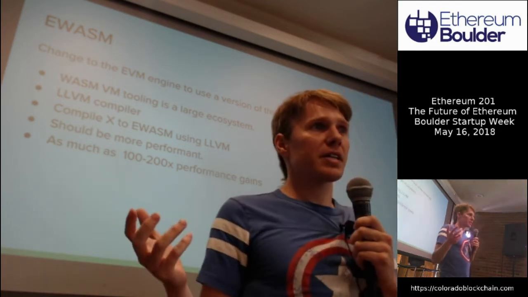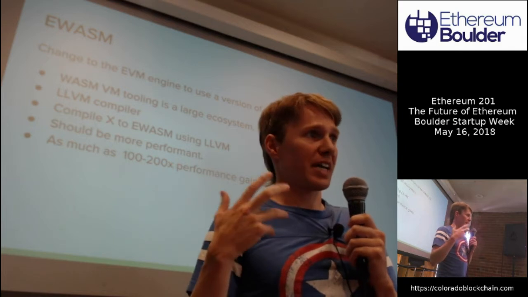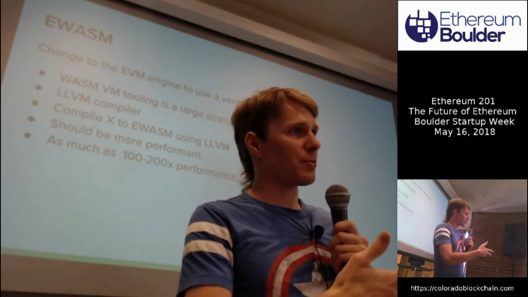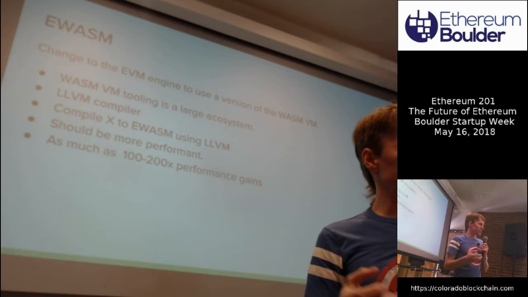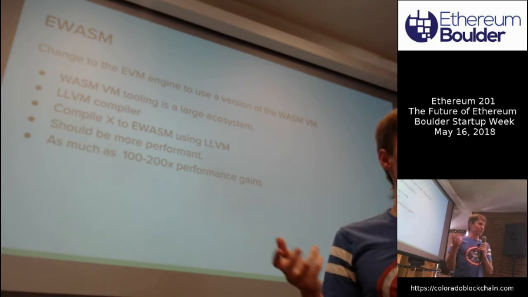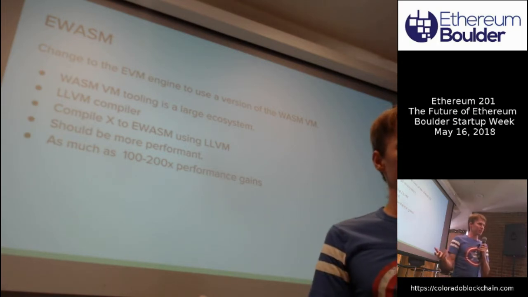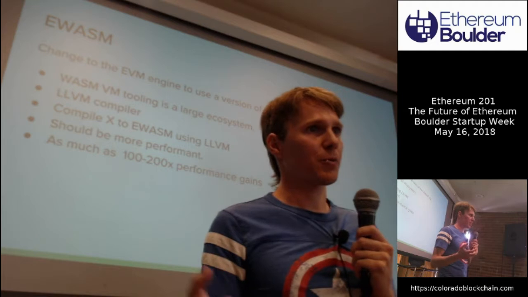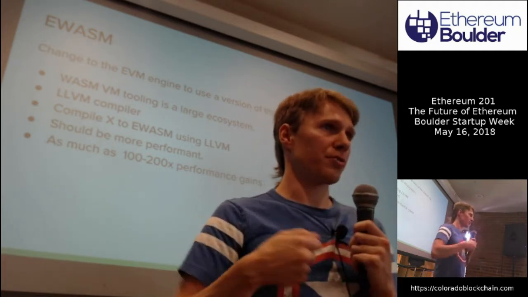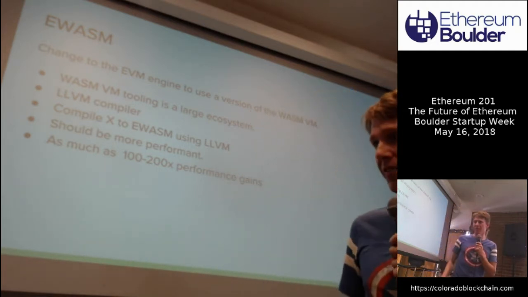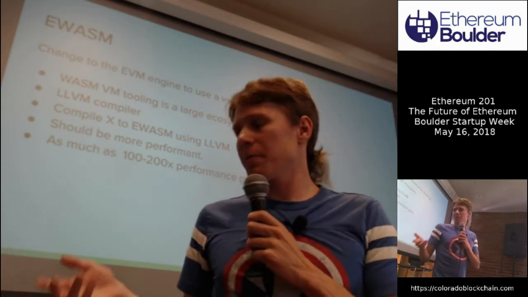Some of the cool things, it lets you compile from normal languages into stuff that can be run on the Ethereum blockchain. So really important stuff like cryptographic primitives that have existing implementations in C or things like that, we can actually leverage those as part of the EVM. But in general, it's going to be more performant.